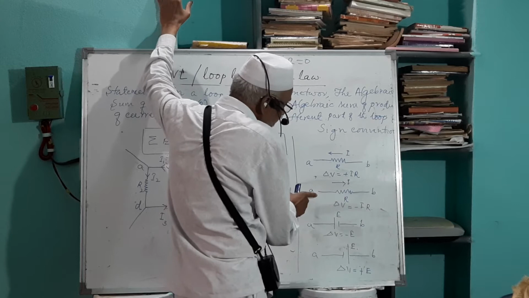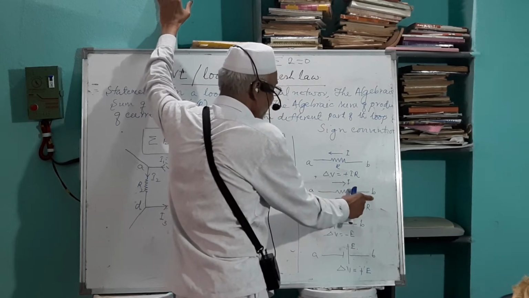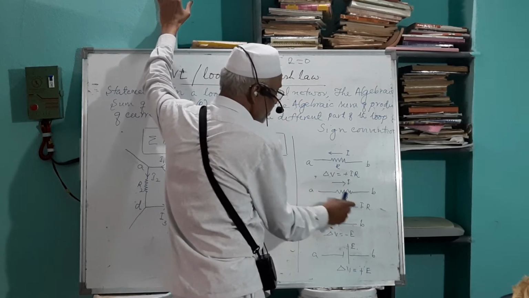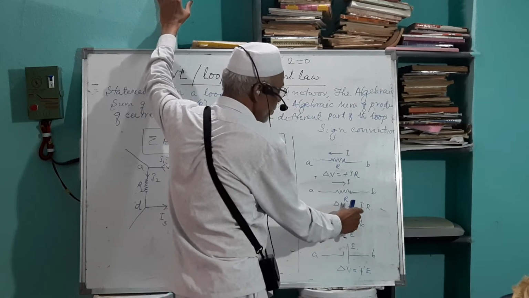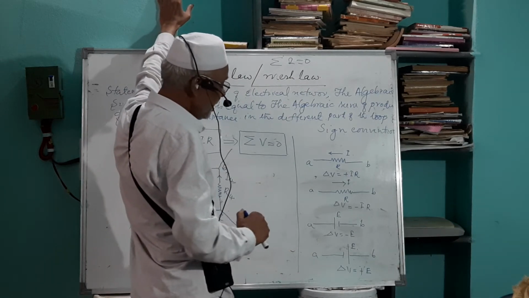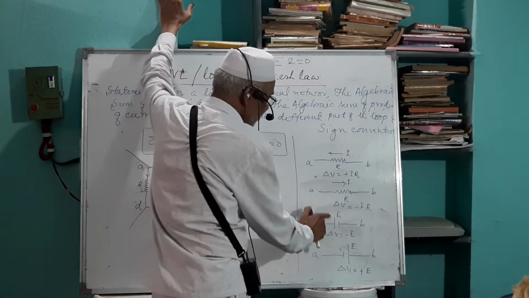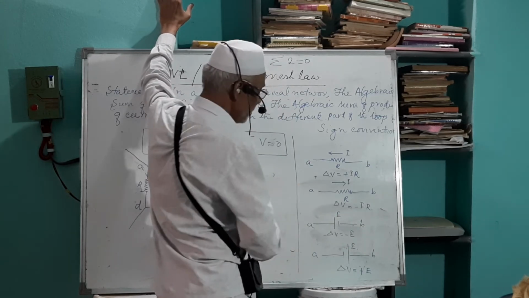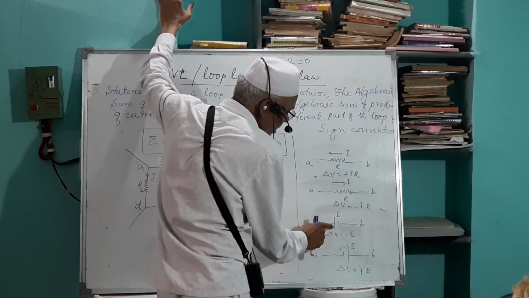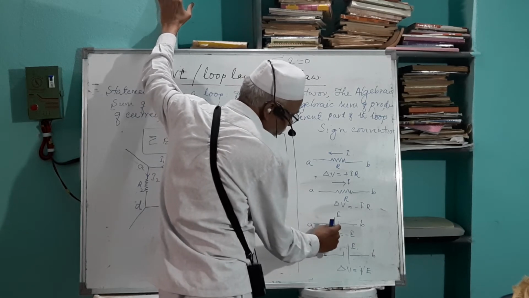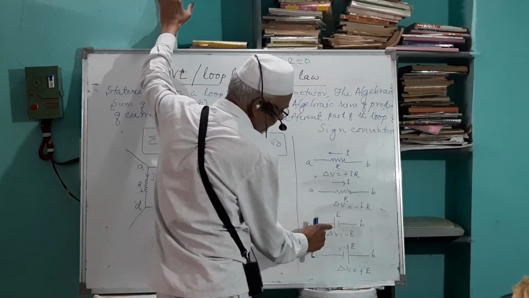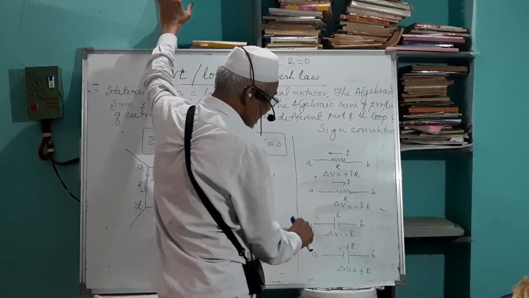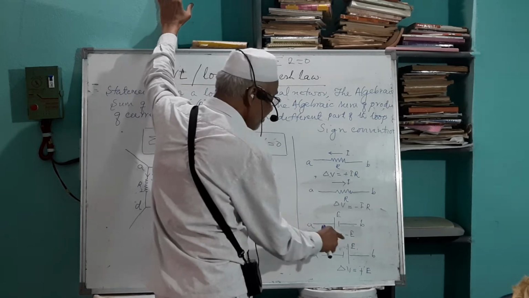So here, the mesh is moving from A to B, and the current is also moving from A to B. That means both are moving in the same direction, so the IR product is taken to be negative. Similarly, for the sign convention for the EMF of the cell, you are traversing the mesh from A to B. If the potential falls from positive terminal to negative terminal, as you are moving from positive to negative terminal, then whenever the potential falls, the EMF of the cell is taken to be negative.